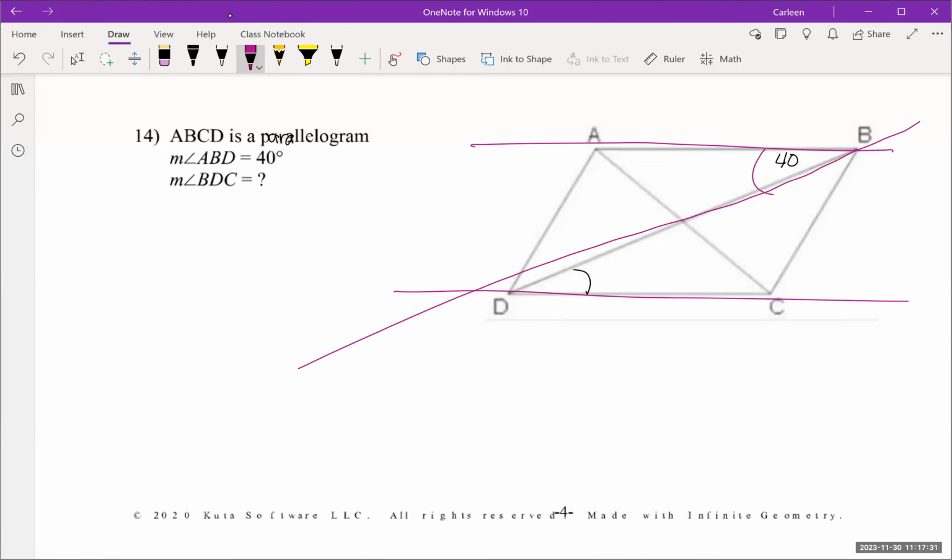So how much is angle BDC? It is 40. They are not corresponding. They are alternate interior. Yeah, there you go. Alternate interior angles. That one is also 40.